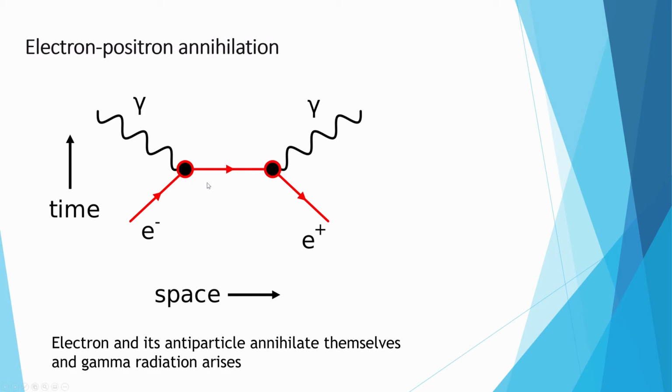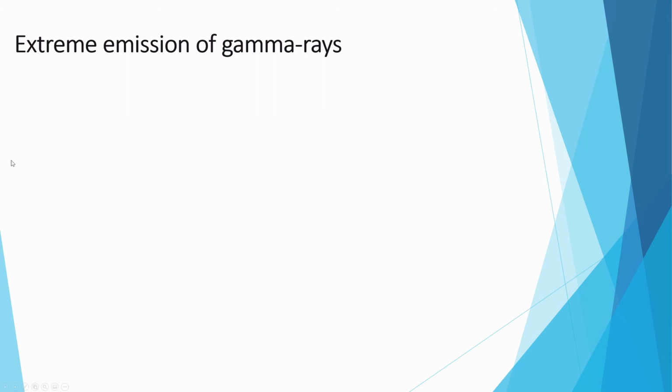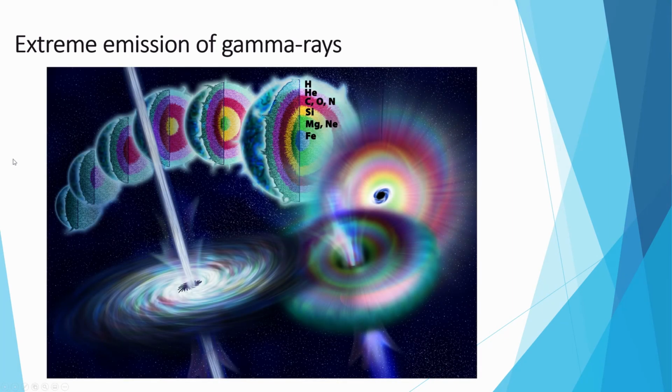Gamma radiation then arises out of the annihilation, or in other words, energy. This is a beautiful example that we could use the annihilation of particles as a powerful energy drive, for instance in astronautics.